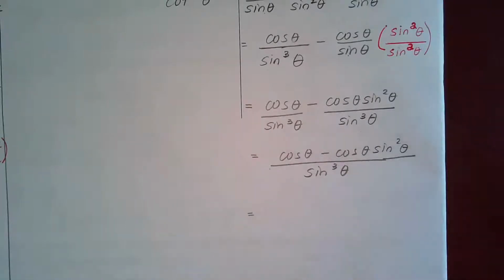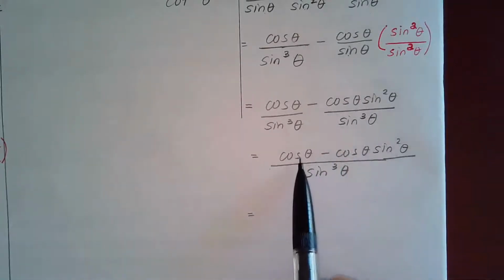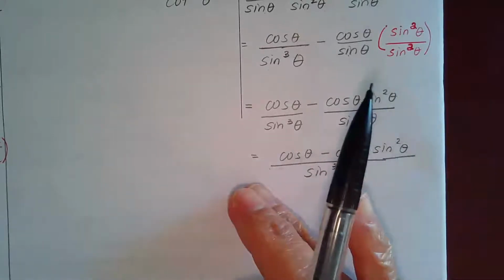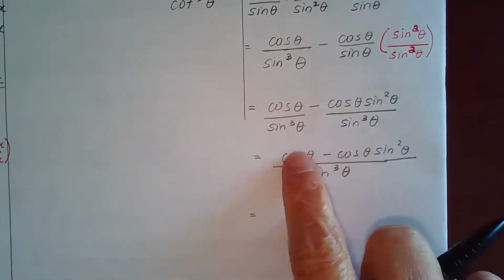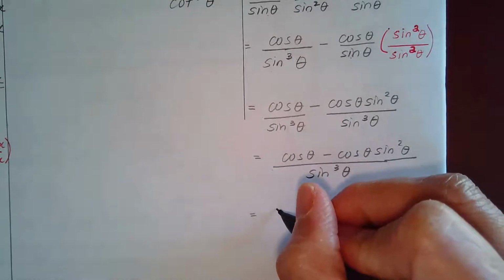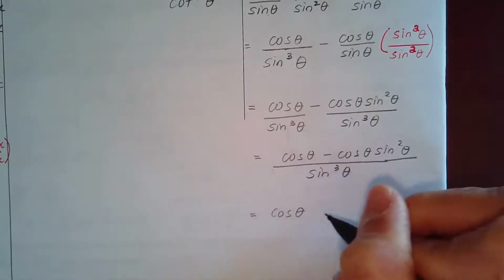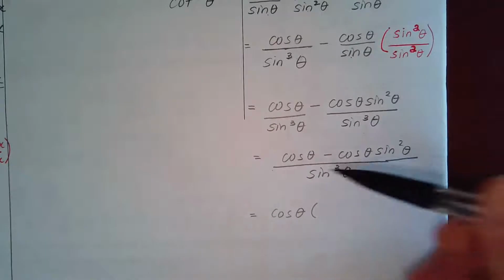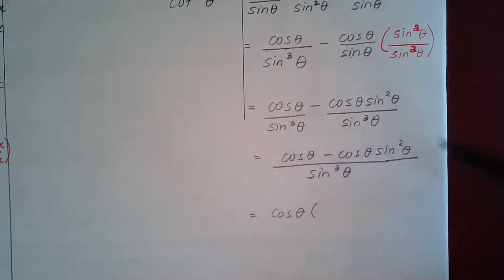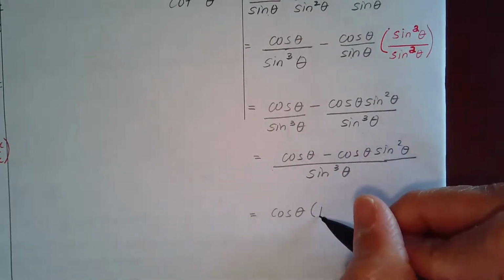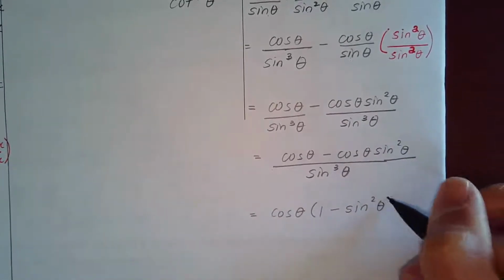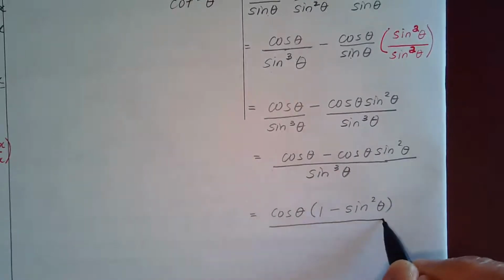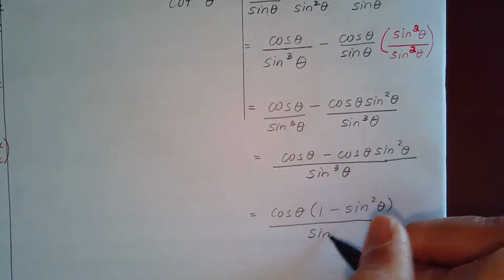Well, a possibility is to factor out the cos theta, and you'll see why. If we factor out cos theta from the numerator, we're going to get 1 minus sine squared theta, and the denominator is still sine cubed theta.